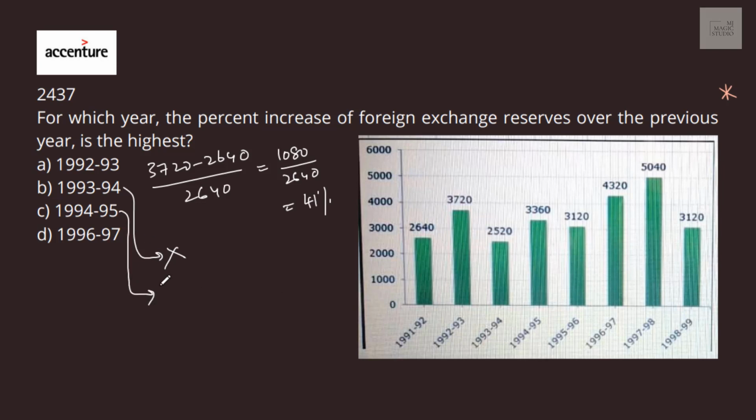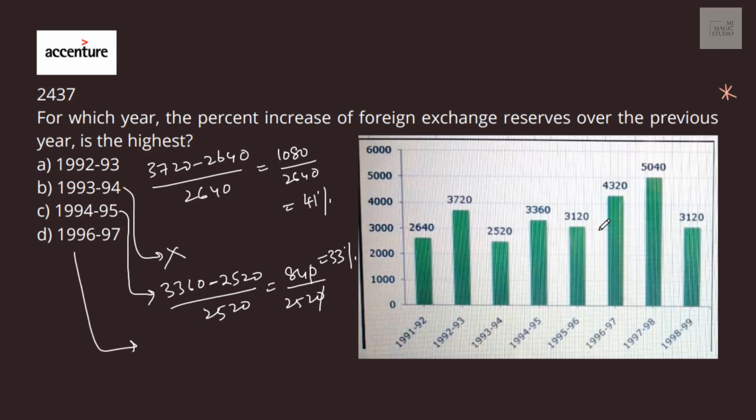94, 95, 3360 minus 2520 by 2520. Difference is 840 by 2520. That comes to 33%. So till now A is leading. Now D, 96, 97 is 4320.